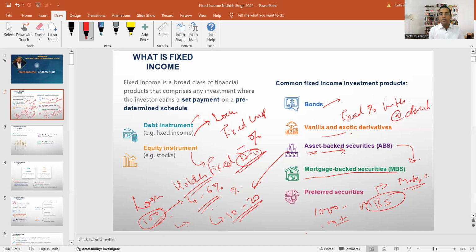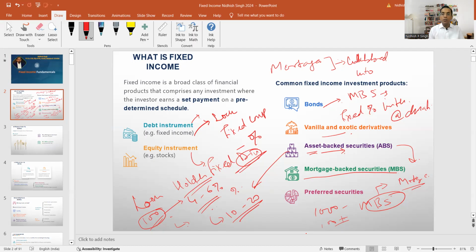So all these mortgages are clubbed into one MBS, which will assure you, on a six-monthly or annual basis, 4 to 6% interest.